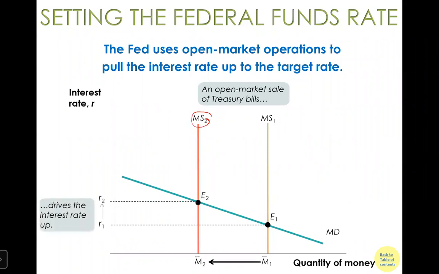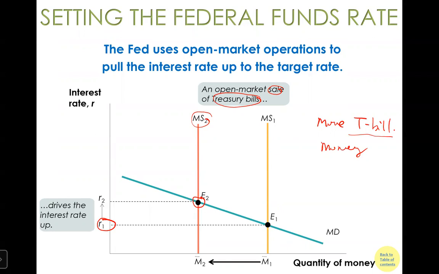One more thing that I want to add to this table is another way to understand why the interest rate increases if the Fed sells Treasury bills. Let's say, for example, we are starting at this interest rate here. If the Fed sells Treasury bills, now there are more T-bills in the market going after the money, in order to sell those T-bills.